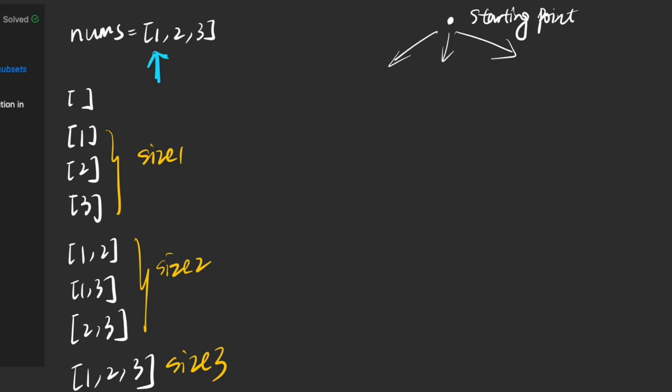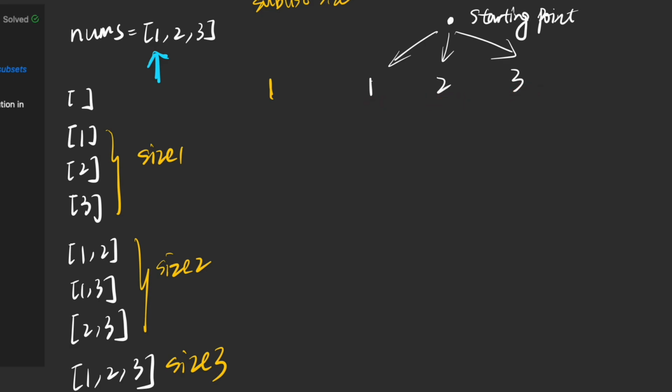For example, if we have only 1 number in it, so the sublist size could be 1. For now, we may probably add 1, 2, 3. And all these results, we need to add to our result list.